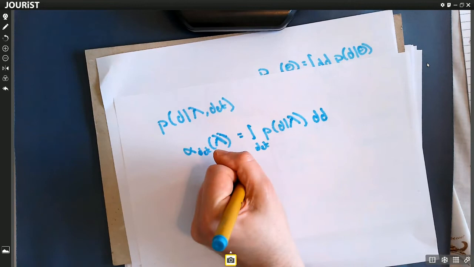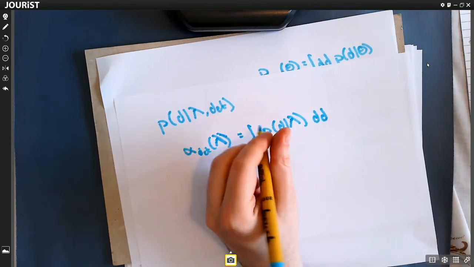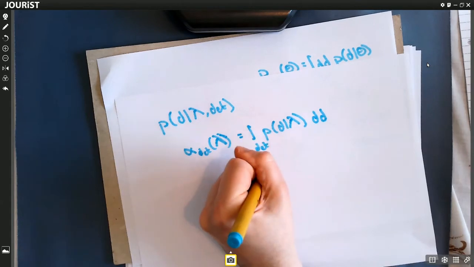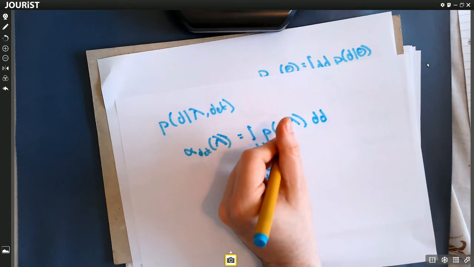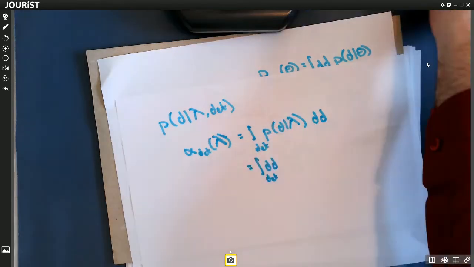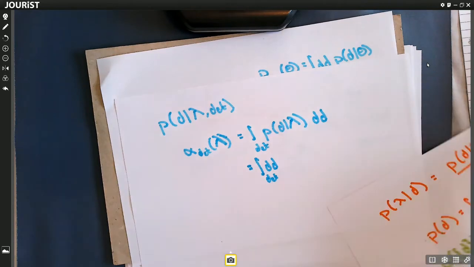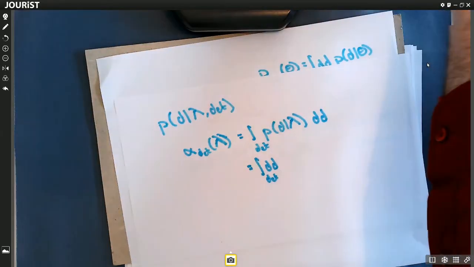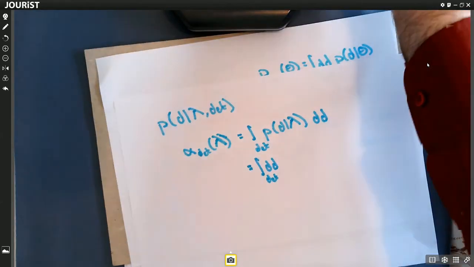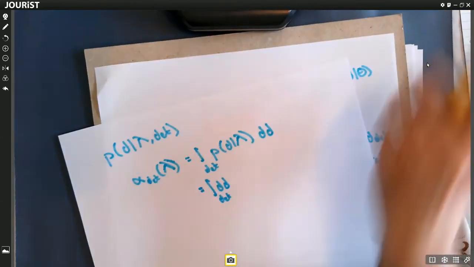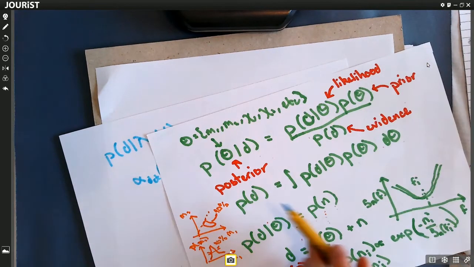Okay, we can expand this out. So I'm going to move my dD here, integrating over all detectability. We expand this out using our standard form, using our standard way of marginalizing our likelihood.